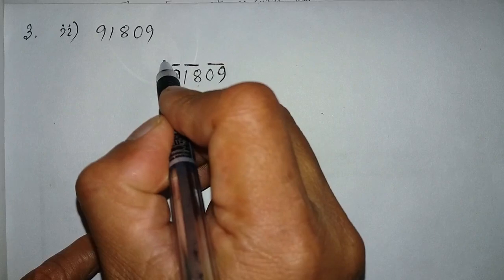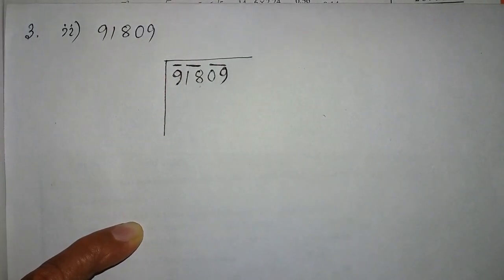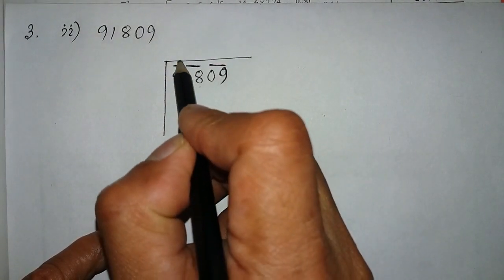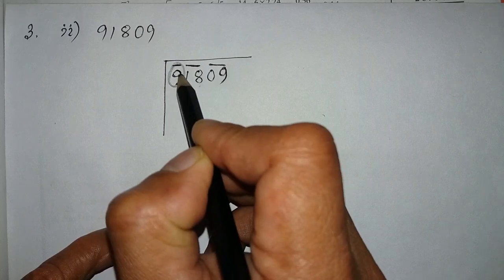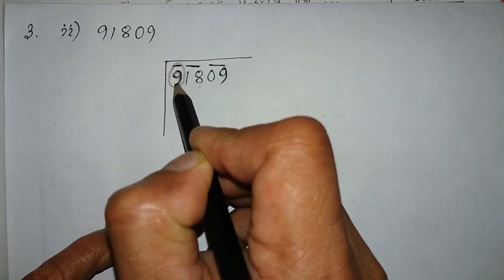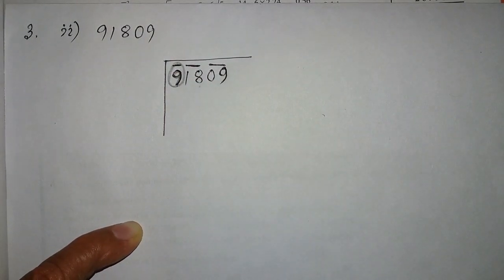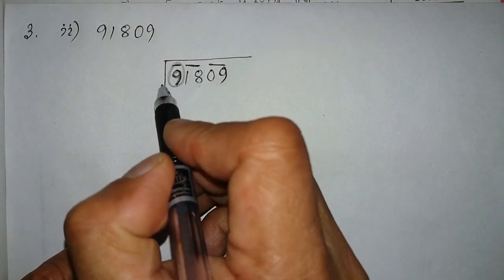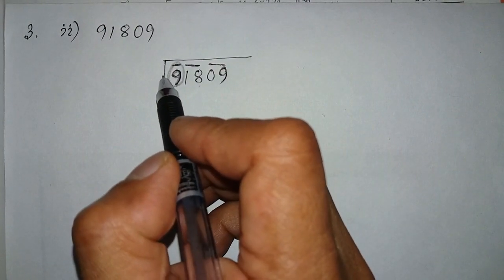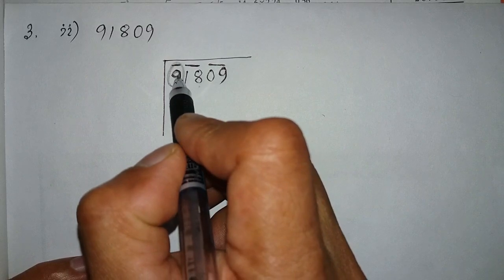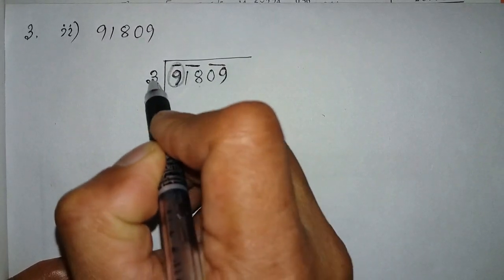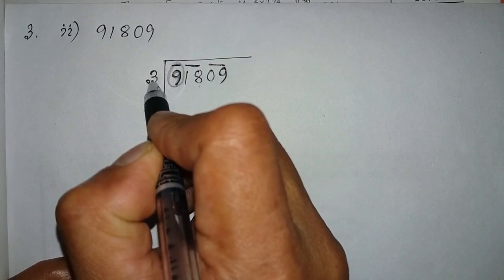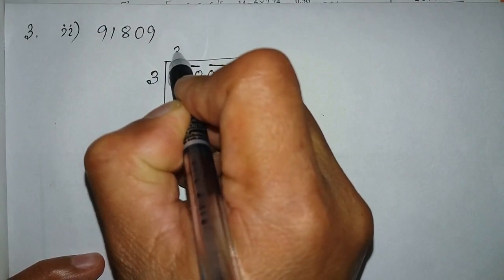Now the next step is you will consider the first bar. Here the first bar, the digit below the first bar is 9. Now we have 9 here. So now you have to think of a number to write here. Here this is 9, so we can simply write here 3, and whatever we have written here, we have to write it up here.